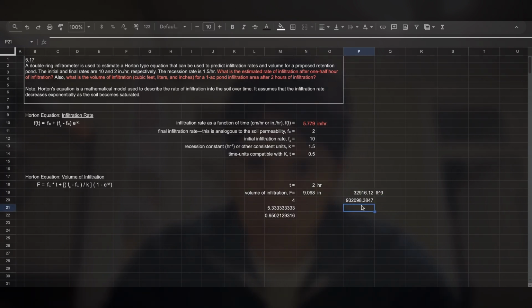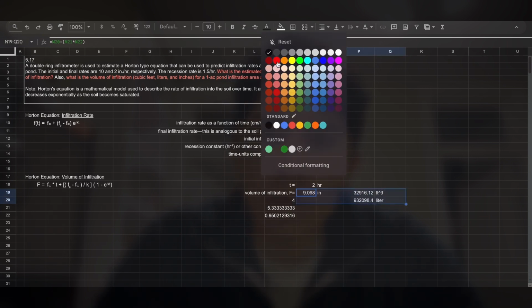So yep, this is the answer, and this is liters. So these three are the answers for the second part.